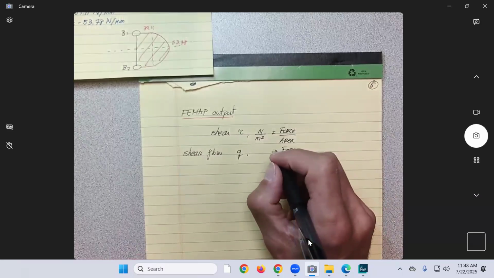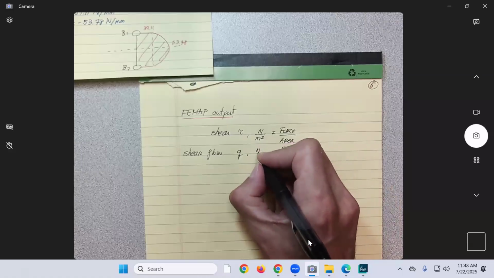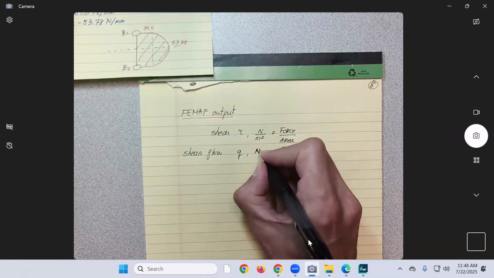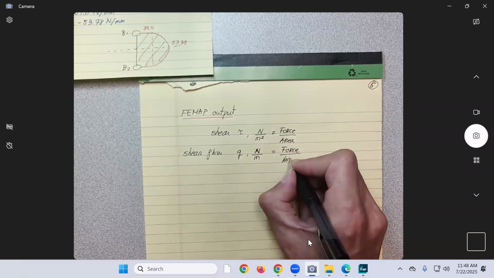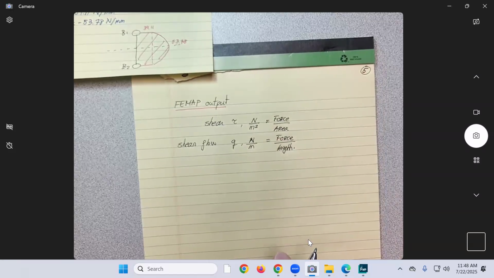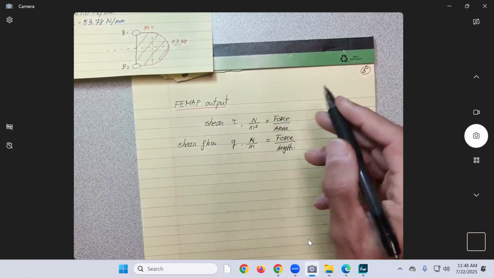What are the units for Q? You have been doing that for a while. So it's force over area. No. Shear flow is what? Yeah, after I write it down, no? Force over distance. So what do you think is the relation between these two?